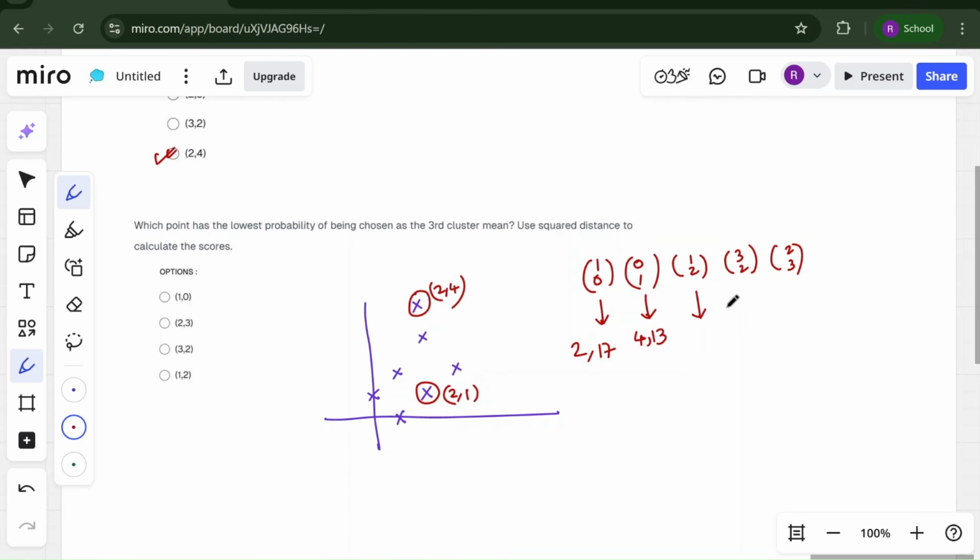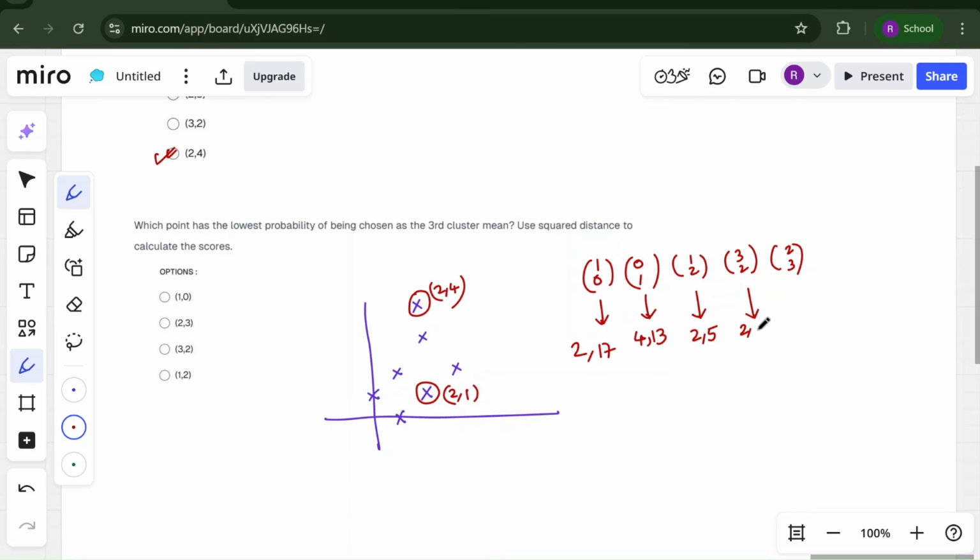And this will be 1 square plus 1 square. 2 comma 9, 2 comma, so 2 comma 5, is it?